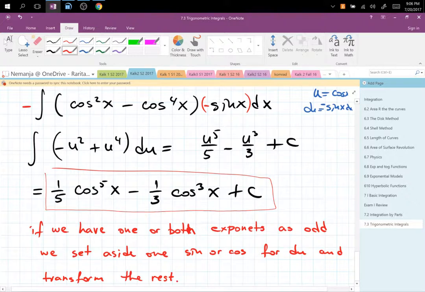That is the entire method as soon as you see sine and cosine with the odd exponent.